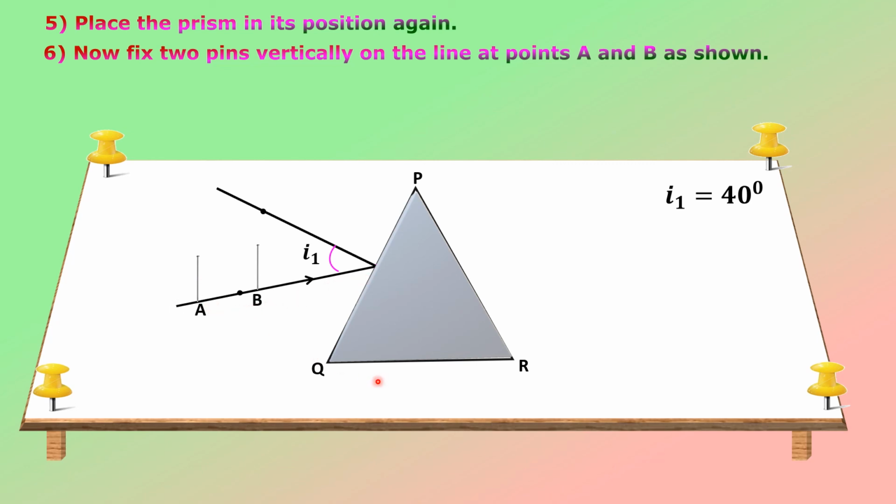Now an observer looks for the images of these two pins through the prism from the other side PR.